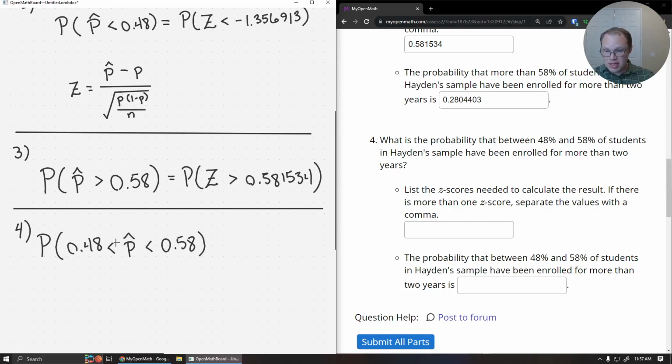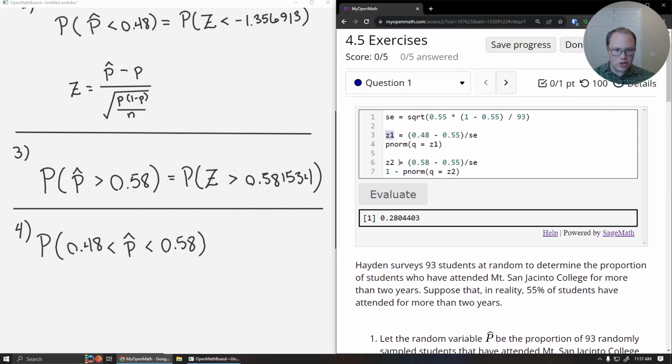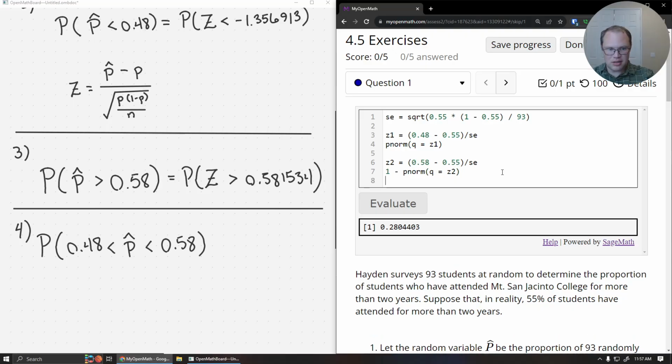The z-score associated with 0.48 is the z-score I first calculated in part 2, and the z-score associated with 0.58 is the z-score I calculated in part 3.